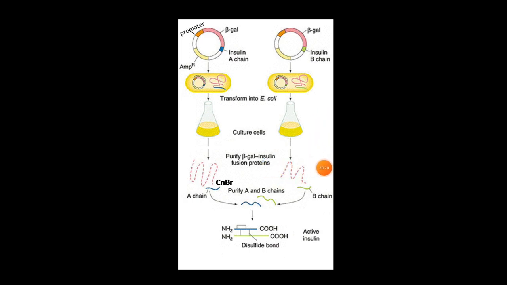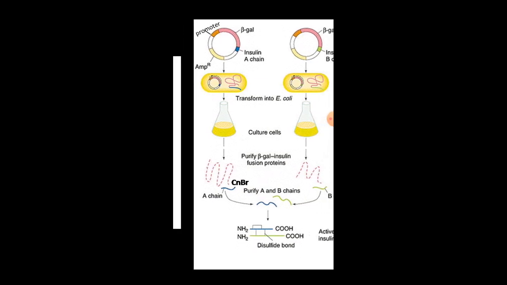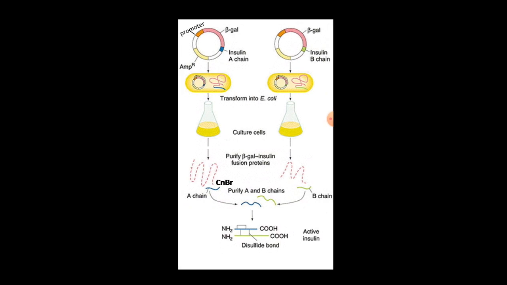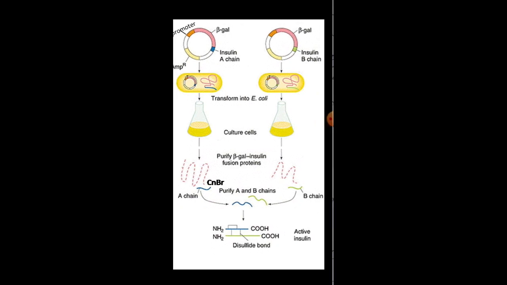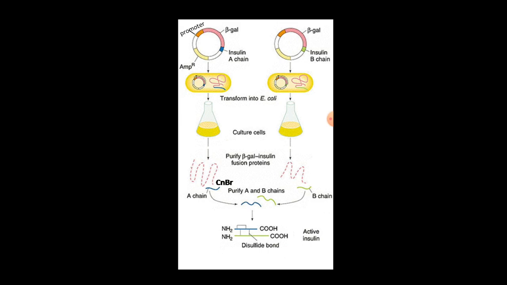Now, what is the need of producing insulin with the help of recombinant DNA technology? Earlier, before the development of recombinant DNA technology, we were simply using animal insulin, right?